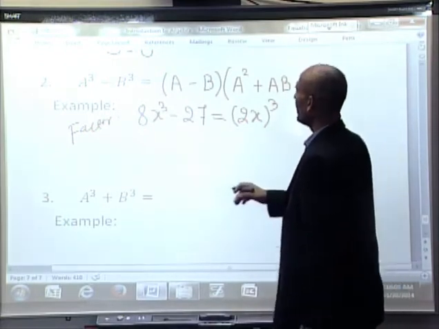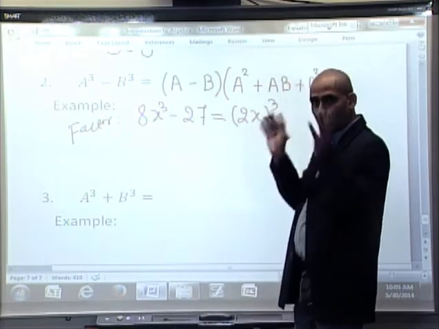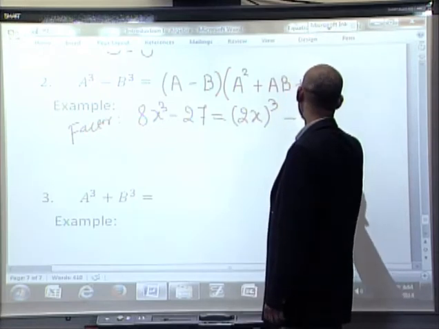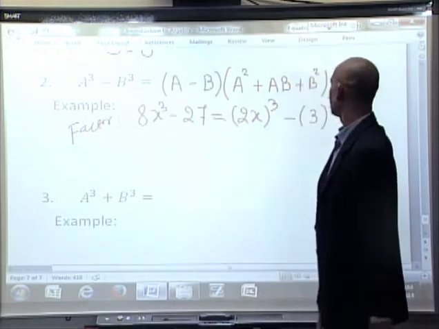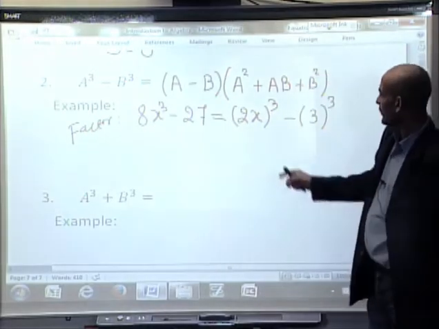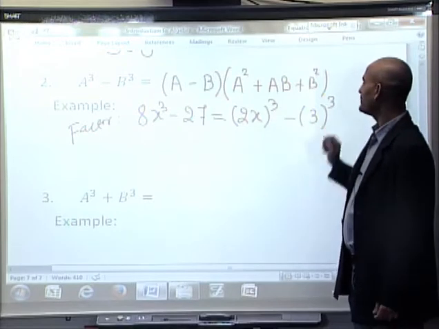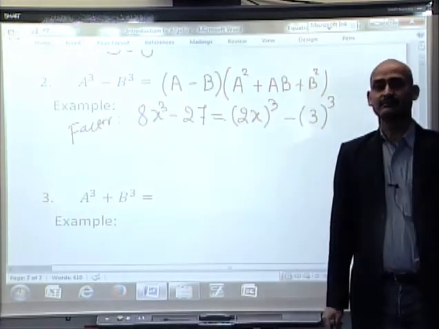So I can write it as 2x the quantity cubed, and minus 27 is the cube of 3. So you can observe now this expression is a cubed minus b cubed, where a is 2x and b is 3.